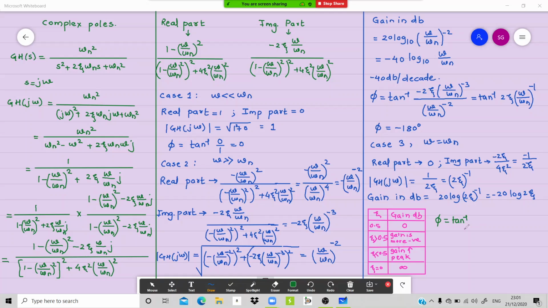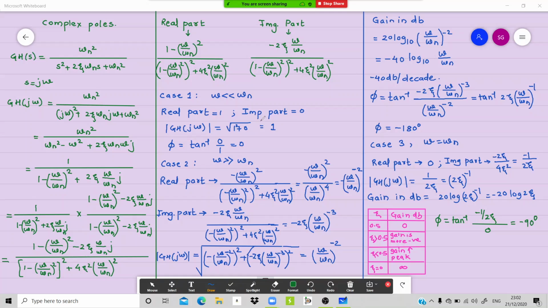The imaginary part is minus 1 upon 2 zeta, and the real part is 0, so it is going to be infinite, and that's why the angle is going to be minus 90 degrees, right? Because it is in the negative direction of y.